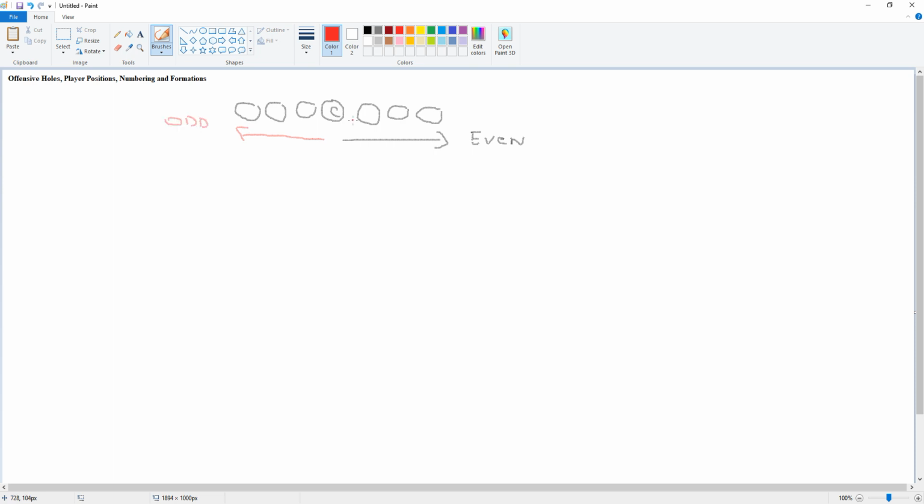All right, so really simple. Right next to the center and between the center and the right guard, that is 2. That's the 2 hole. Between the right guard and the right tackle, that is the 4 hole. Between the right tackle and the tight end here is 6. And outside of the tight end, this is 8.